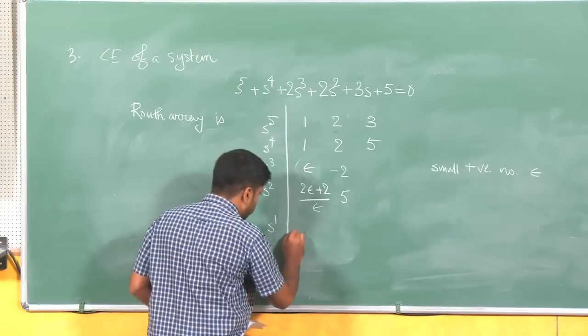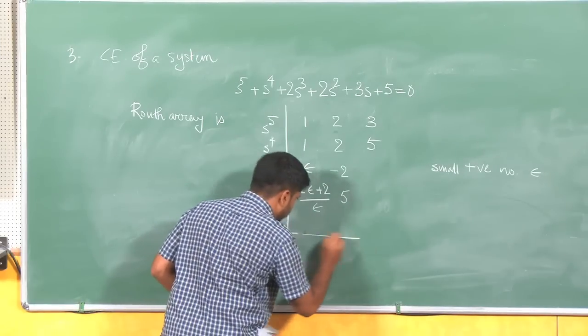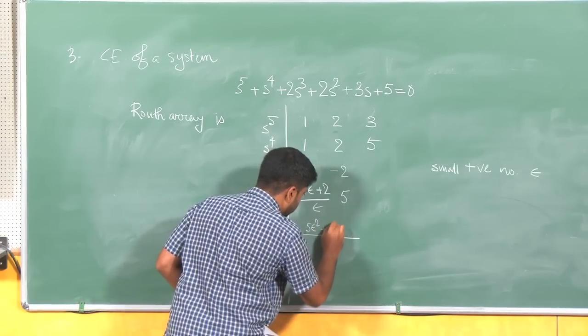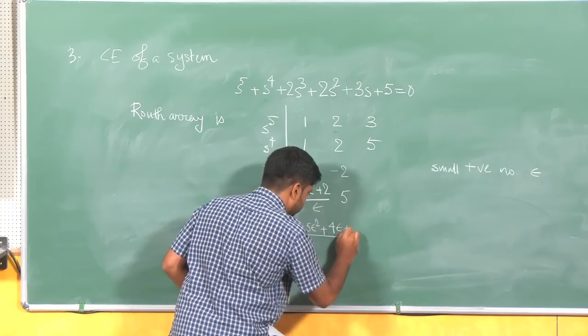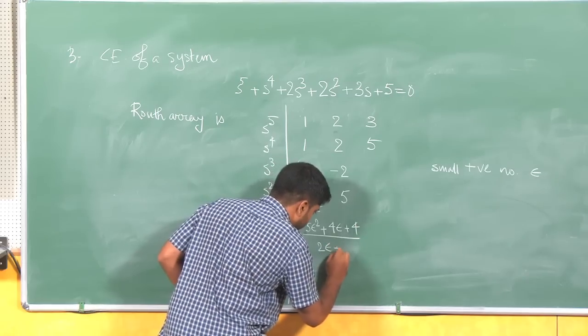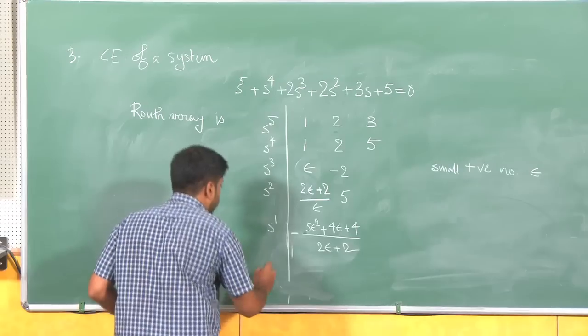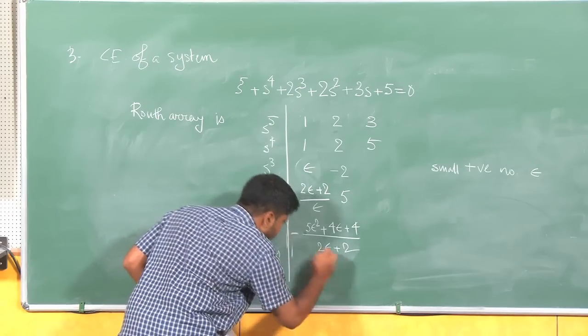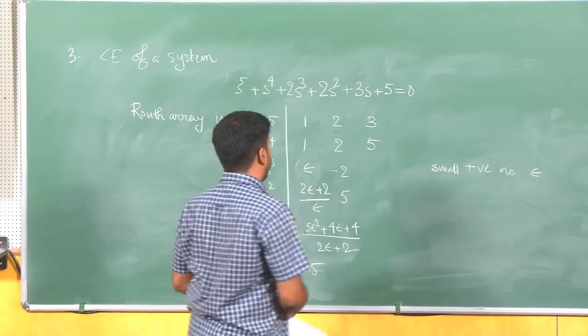So, calculating, we find this will be 5 e to the power 2 plus 4 epsilon plus 4 by 2 epsilon by 2, and s to the power 0 it will be 5.